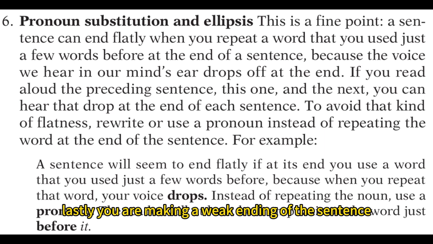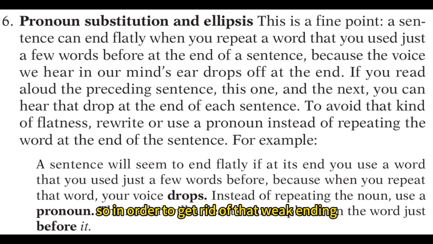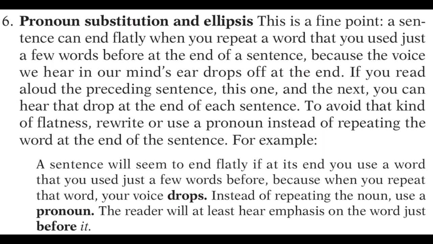Thus you are making a weak ending of the sentence. So in order to get rid of that weak ending, we just trim stuff, cut things, omit things. There are more tips.